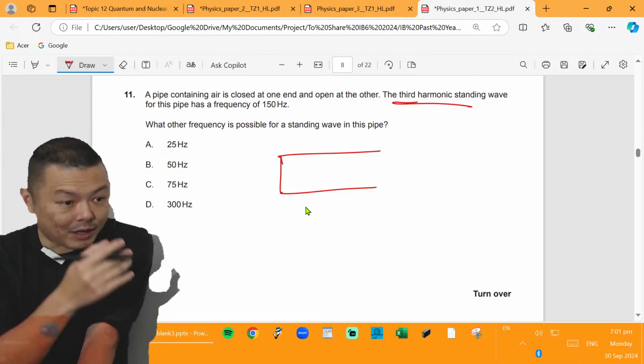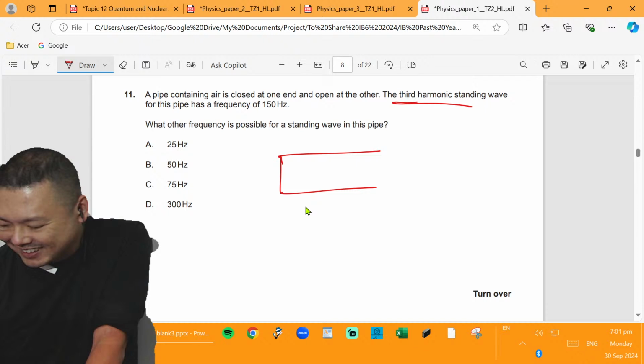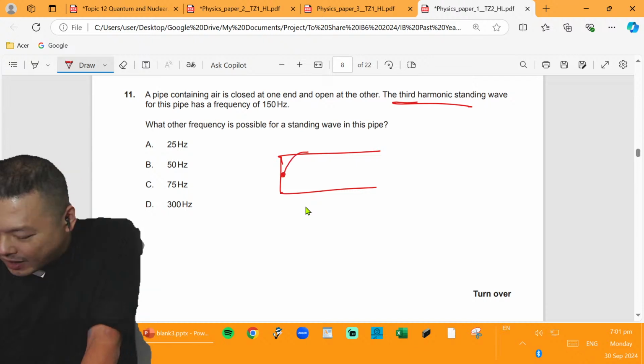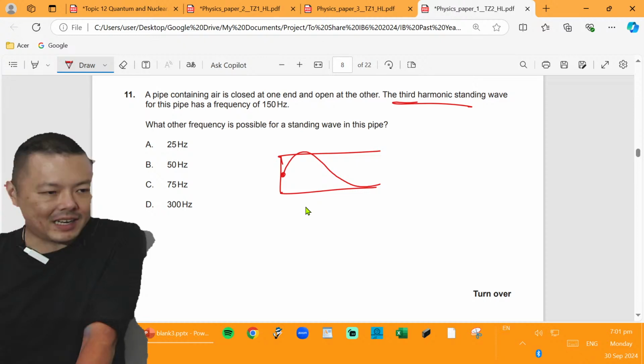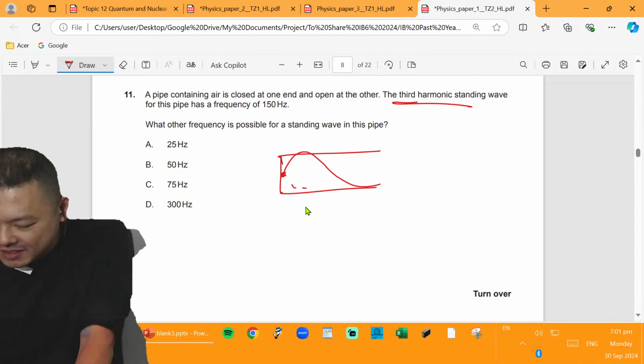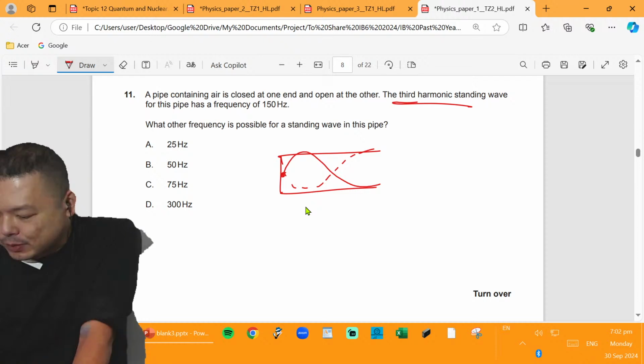Then you can tell me now, fifth harmonic. Then you draw that one for what? Draw 3 quarters. This is 3 quarters of a wave, like that. Then this one, the third harmonic is 150 hertz.